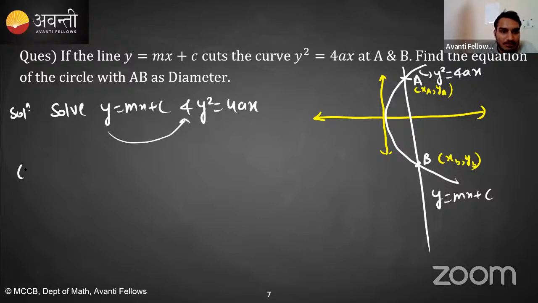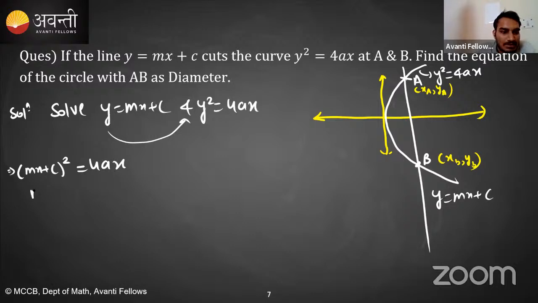So what will you get? (mx plus c) whole square is equal to 4ax. At these two points A and B they are intersecting, so put the y here and you get (mx plus c) whole square is equal to 4ax.